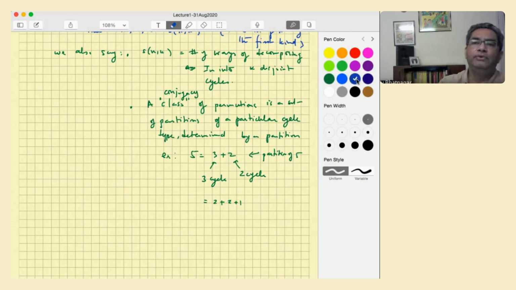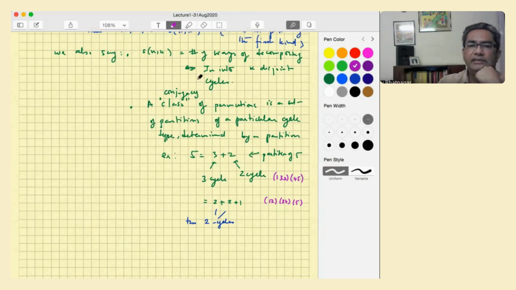So there are two 2-cycles and one 1-cycle. An example here is (1 3 2), that's a 3 cycle, and a 2 cycle, which is (4 5). And an example of the other is (1 2)(3 4)(5).